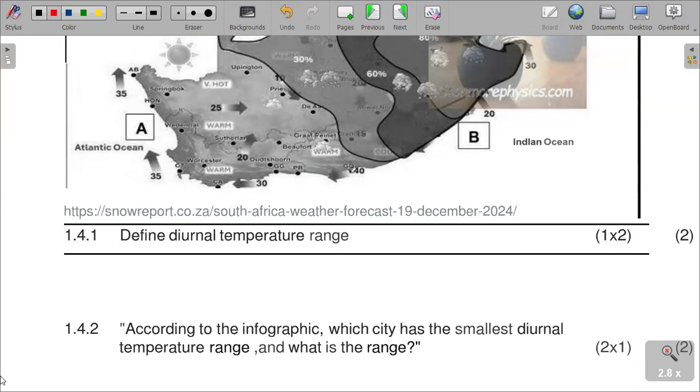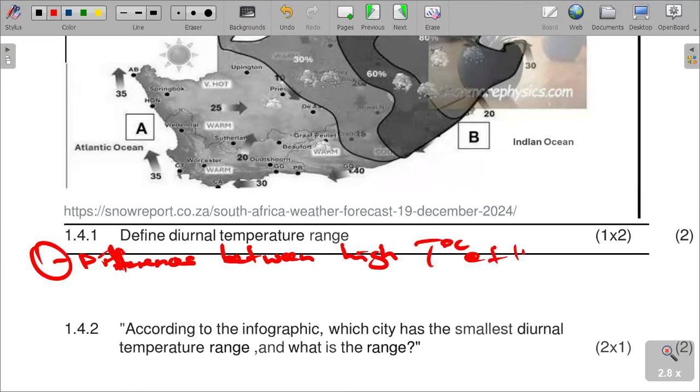When we are talking about this, what it means is that we are looking at the difference between the high temperatures of the day and the low temperatures of the night.